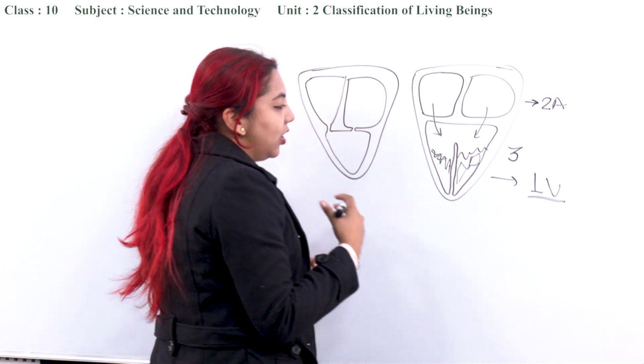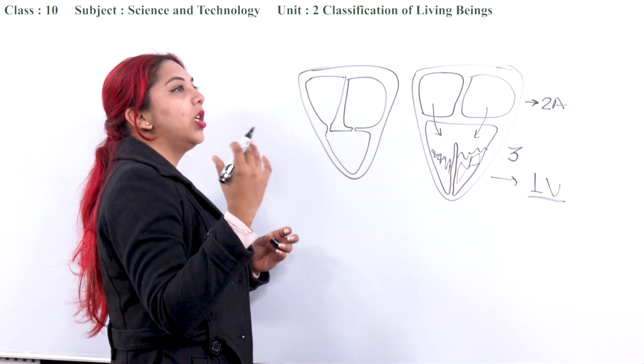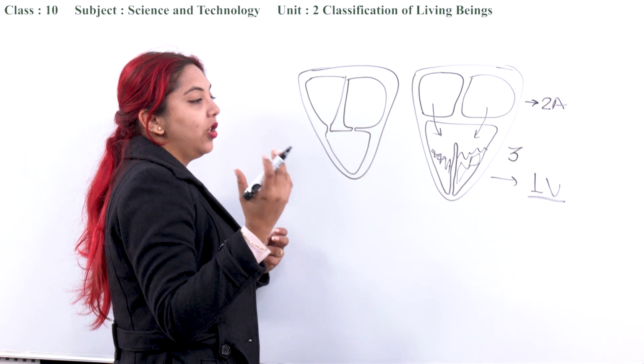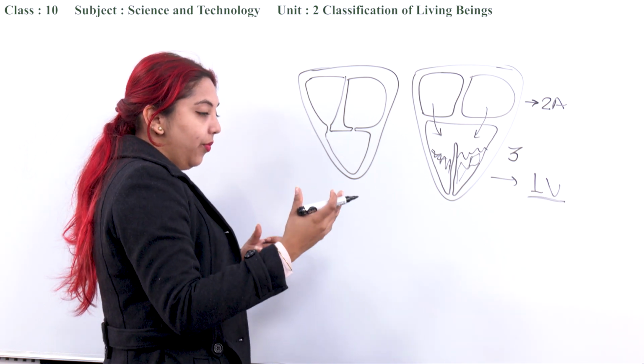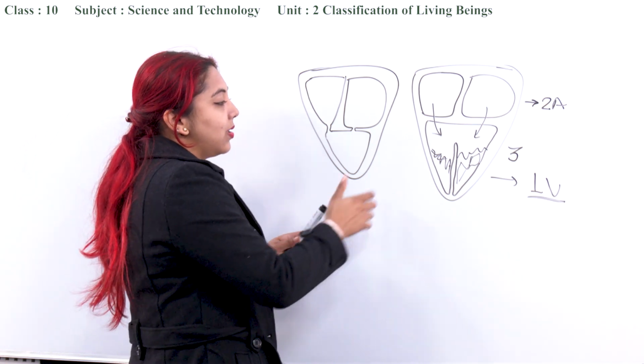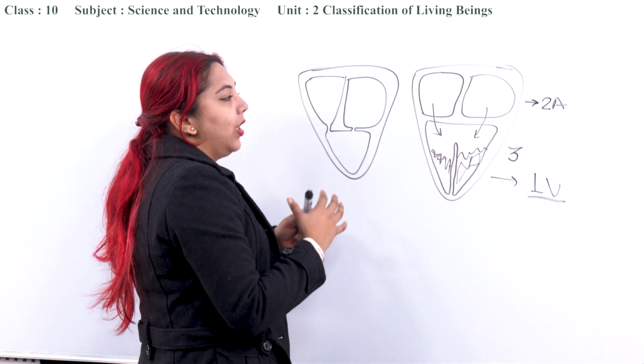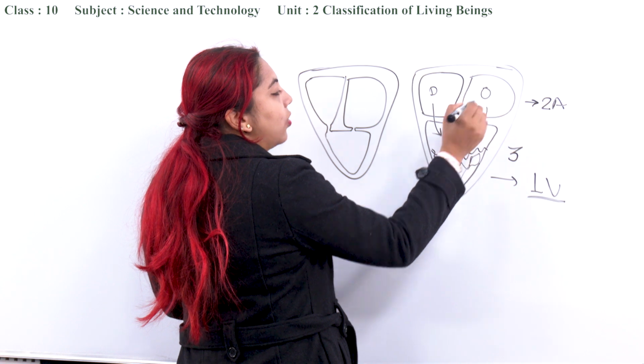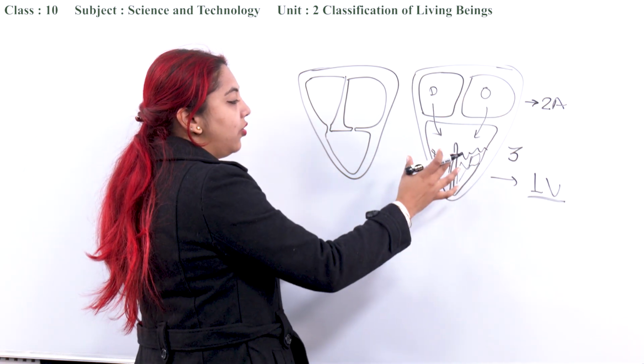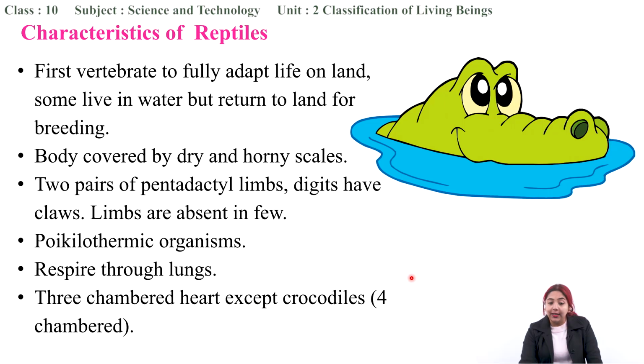So due to this reason, they do not need multiple modes of respiration to inhale a high amount of oxygen, because this partition prevents a lot of mixing of the deoxygenated and the oxygenated blood in their ventricles. There is an exception, that is, in the case of crocodiles, which have a complete 4-chambered heart, but the remaining reptiles only have a 3-chambered heart.